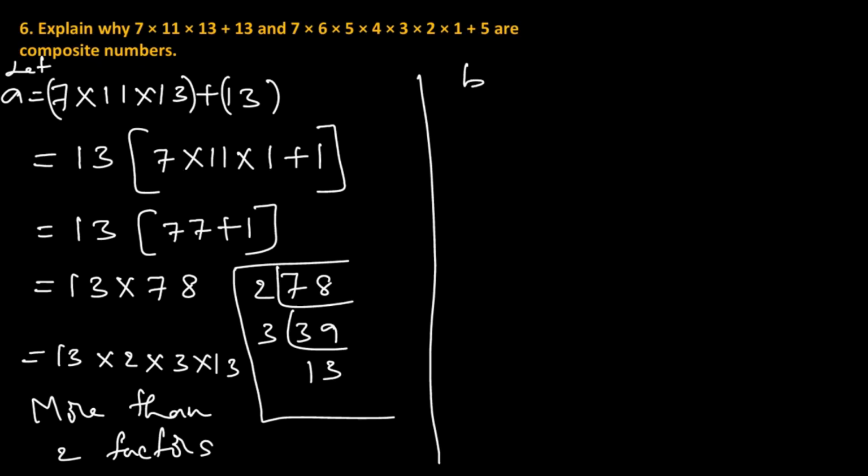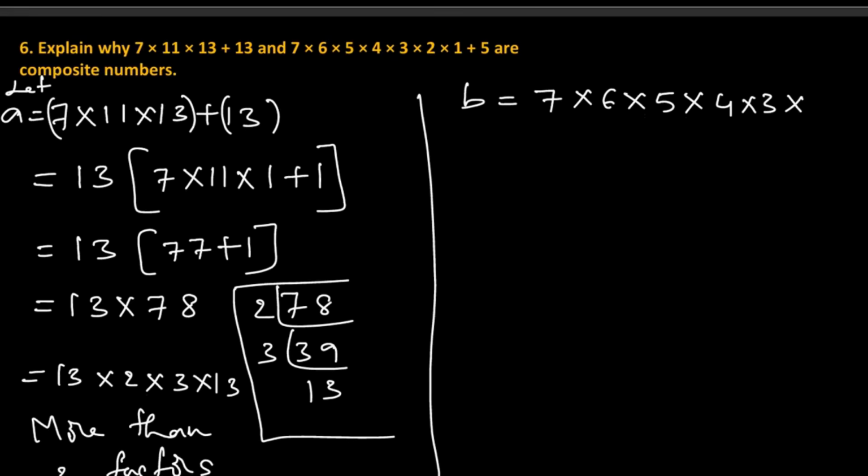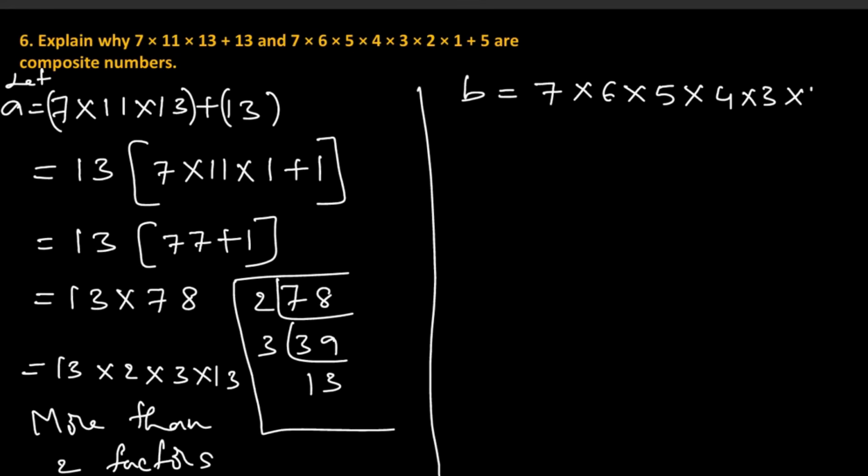So what is our second number? Our second number is B. B is equal to 7 into 6 into 5 into 4 into 3 into 2 into 1 plus 5. Again give brackets, and place the plus symbol in between those two.